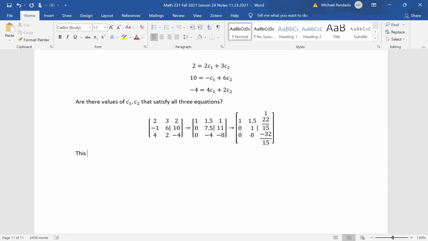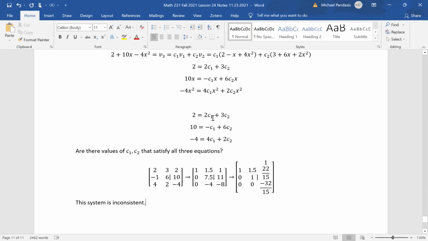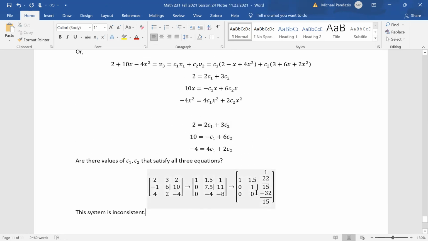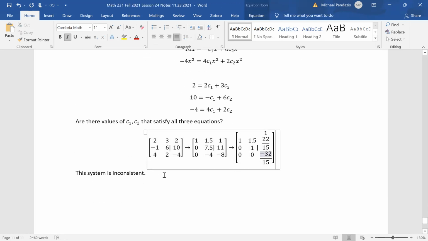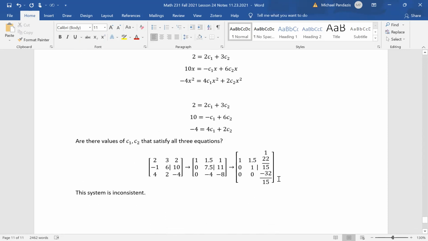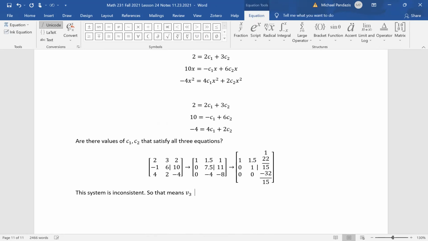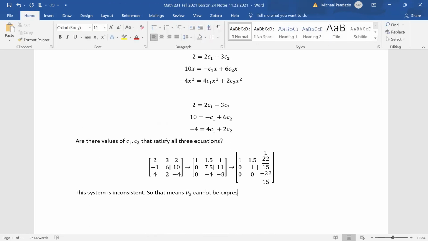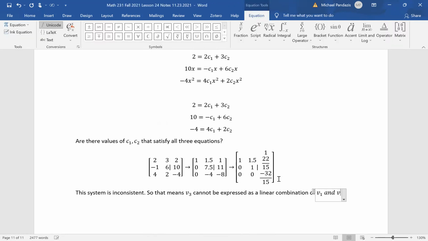So this system is inconsistent. You find it's inconsistent because you have a row of zeros equal to this. And so that means that V3 cannot be expressed as a linear combination of V1 and V2.